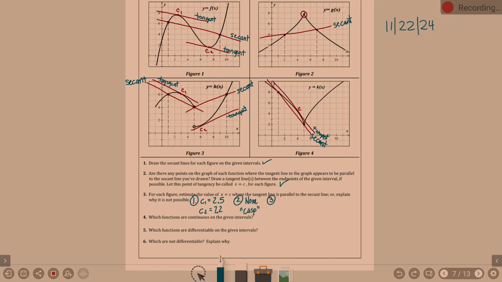Number 3, we had 2 C values. On C1, 2.5, 2.75. Mine ended up about 3. And again, we're ballparking it, right? If yours is a little over, that doesn't make it wrong. And what's the other one at? 6 somewhere. 7 or 6.